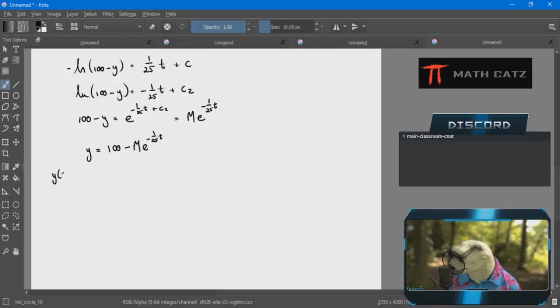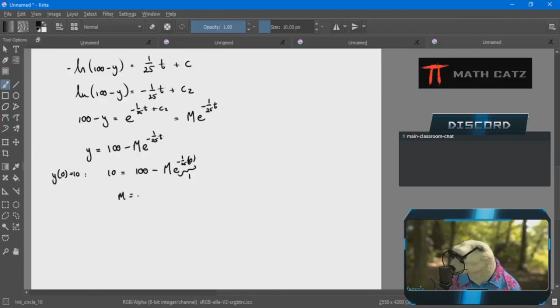And then we can use the fact that initially I have 10 pounds of salt. So I plug in the 10 into my general solution, and that gives me my integration constant value. Whoops, I have not t here, I have 0 here, making that a 1.